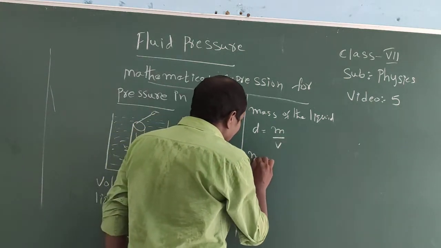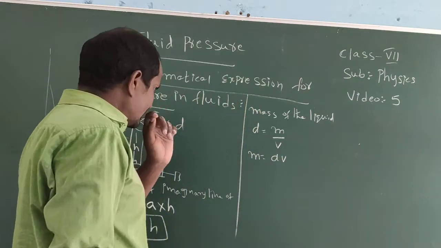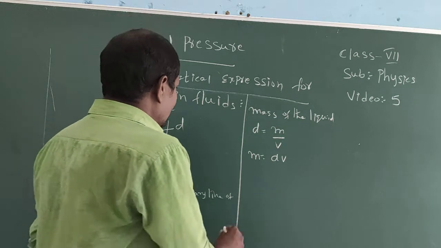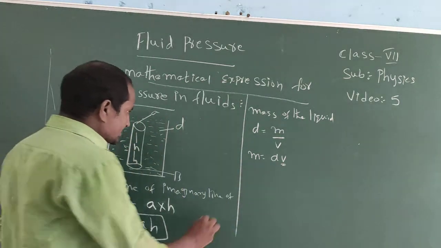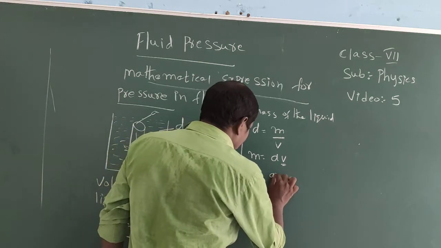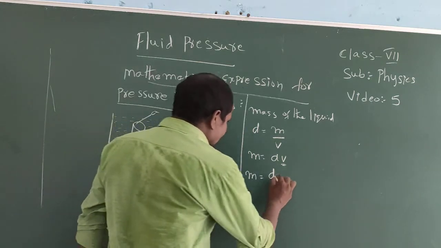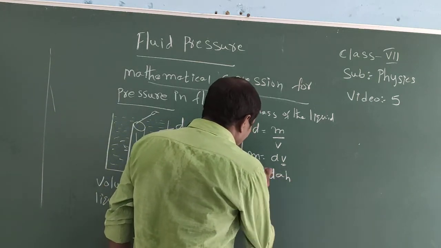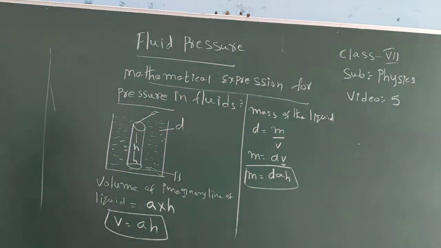So here mass equal to D into V. V is given, V equal to A into H. So here M equal to D into A into H.